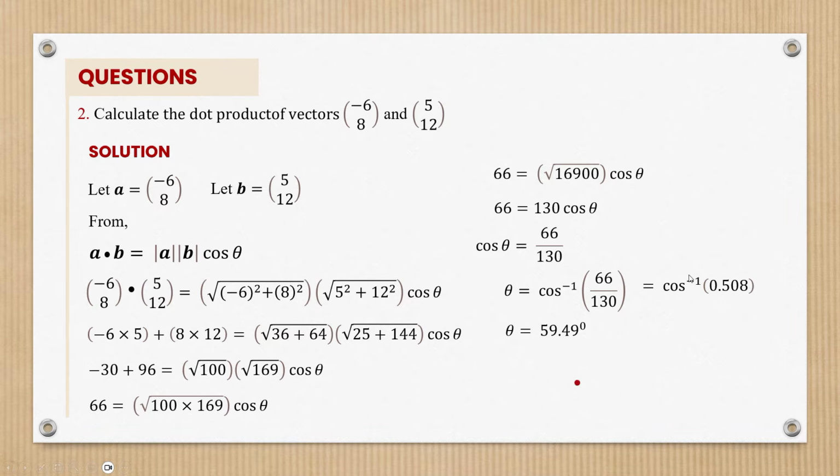So that means basically we're going to have this dot that being equal to 130 cos. So it's like we're going to place everything back into the original formula. So we're going to have 130 cos 59.49 degrees, and that's the dot product of the two vectors.